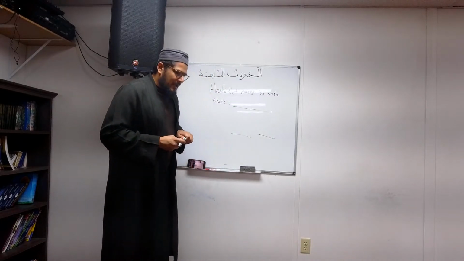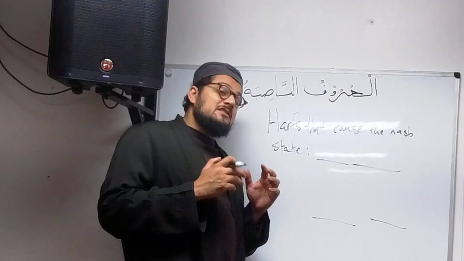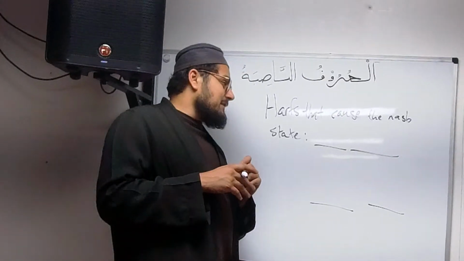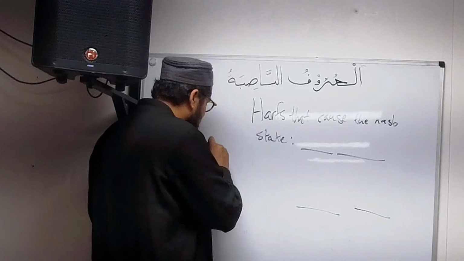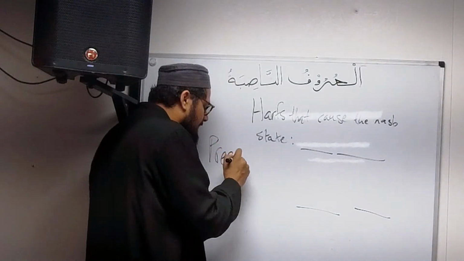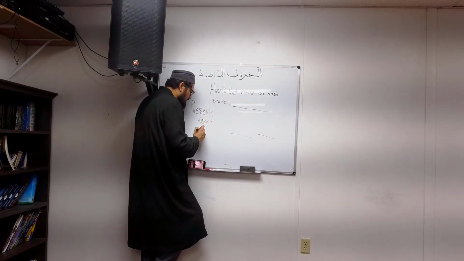So in Arabic, we have 4 harfs that have the capacity to change the state of a verb. Specifically, the state of which verbs? We're talking specifically about present tense verbs.